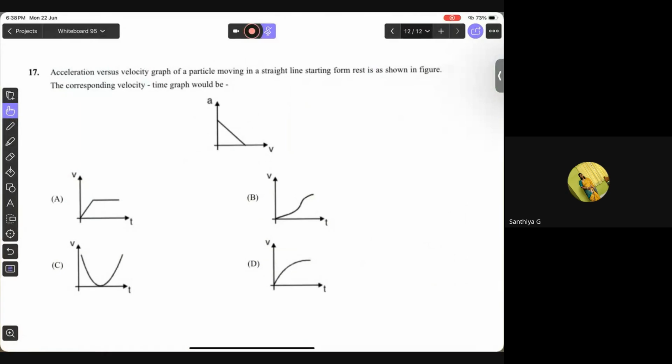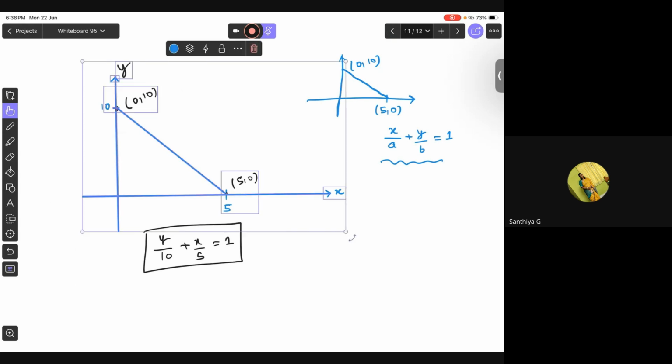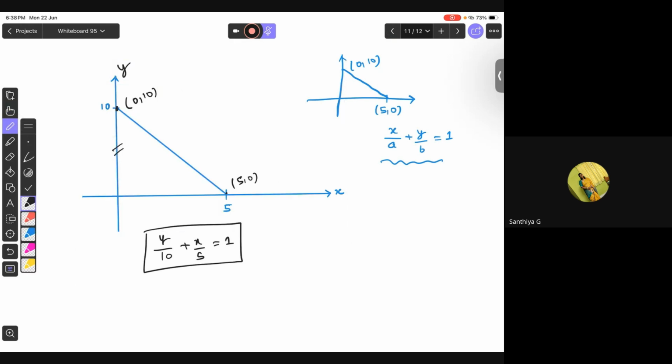Now try this question, everyone. Let's see who can answer it. A versus V plot is given. Just now I told you, if y-intercept and x-intercept are given, then we can find the equation here.